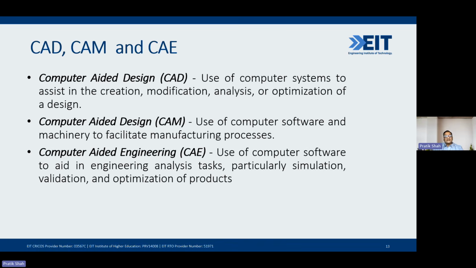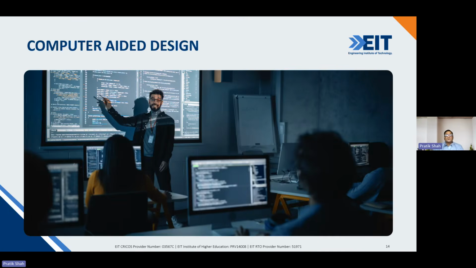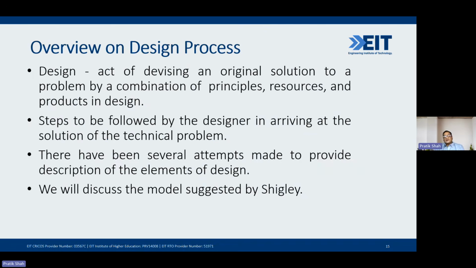So with that basic introduction, I would like to start with computer-aided design, being the first and foremost tool that has to be applied in computer integrated manufacturing. We all know computer-aided design is basically an automated design process, equipped with the help of software.